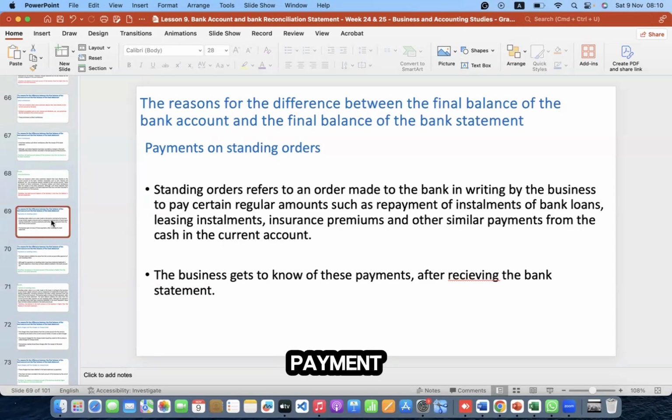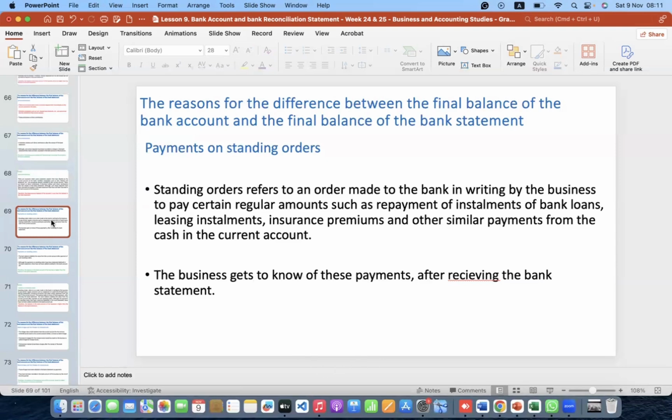Standing order ke payment ke electronically automatically processed වෙනවා. You can give standing orders on a monthly basis. For example, let's say you want to save some amount in another bank account, and you can instruct your bank to pay that bank account 1,000 rupees every month on the 25th day of the month.